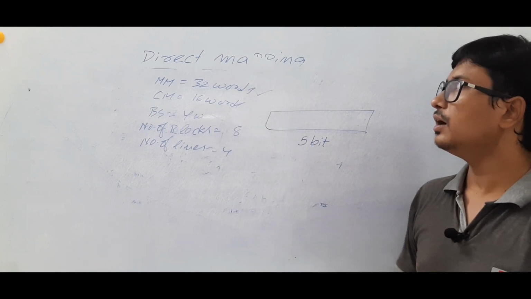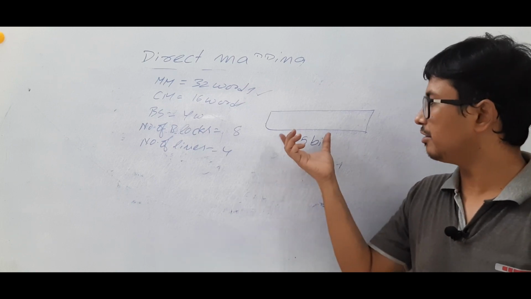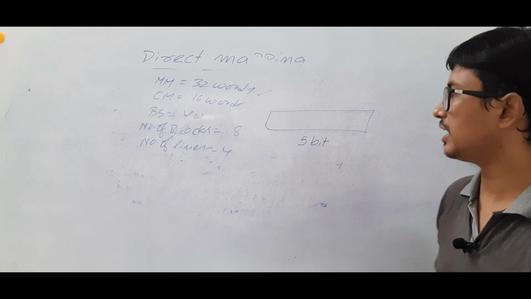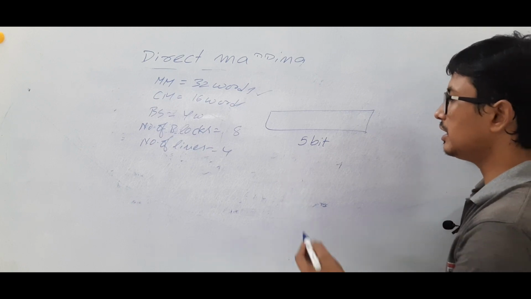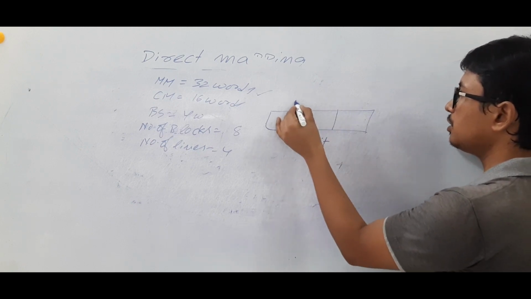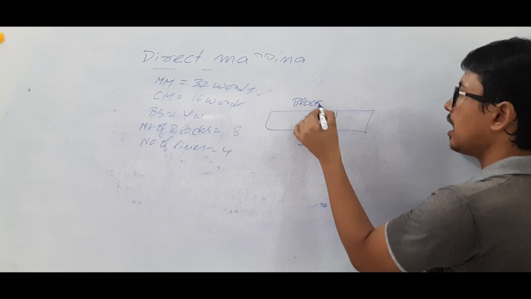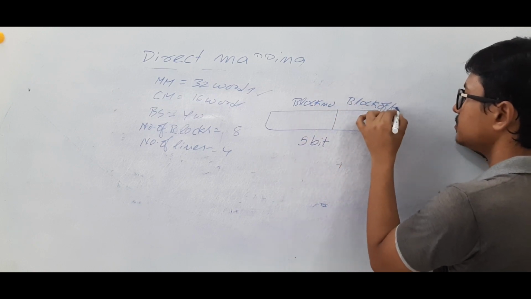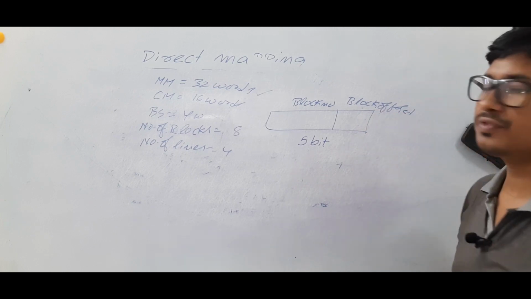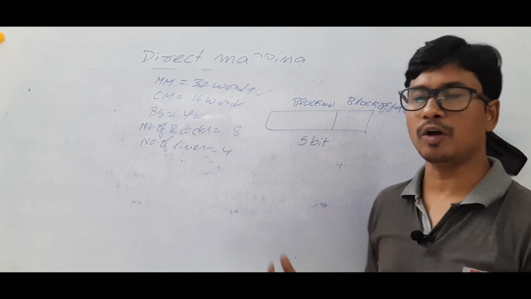Now, how will direct mapping divide this 5-bit physical address? In the last video we discussed that it is basically divided into block number and block offset. Am I right or wrong? The block offset depends on the size of the block.